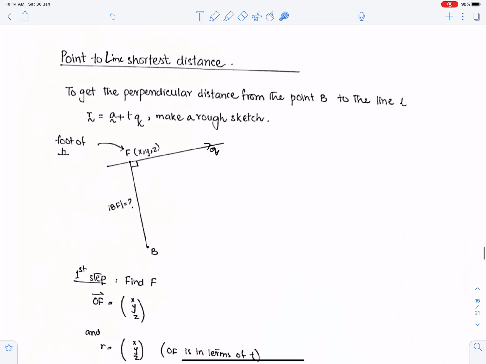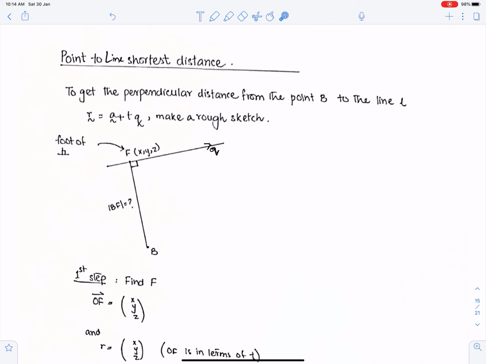Now let's understand this concept through this example. To get the perpendicular distance or shortest distance from the given point B to the given line L, use this sketch. Make a rough sketch, this one.